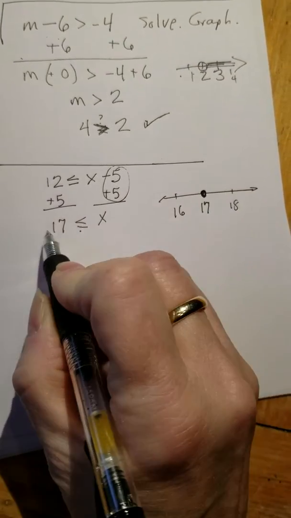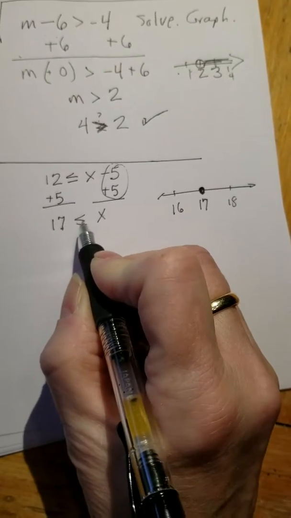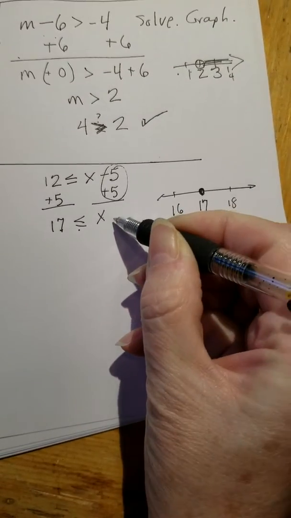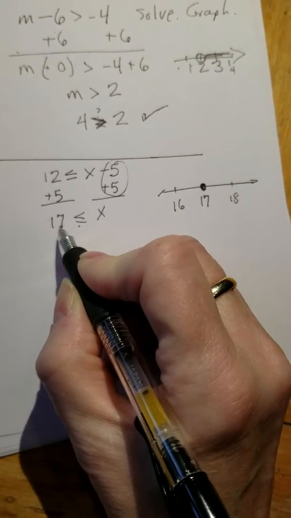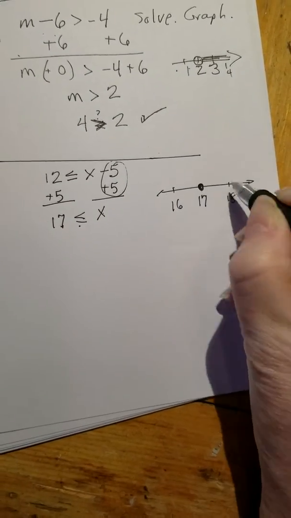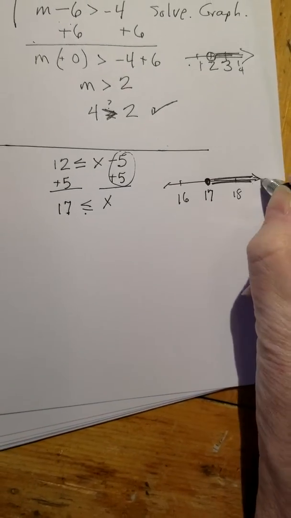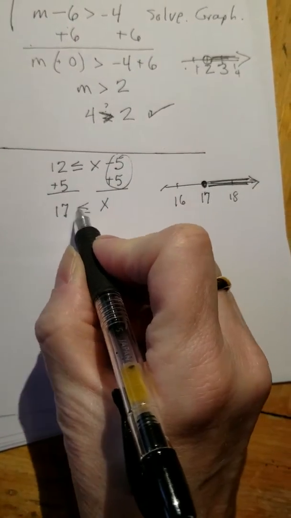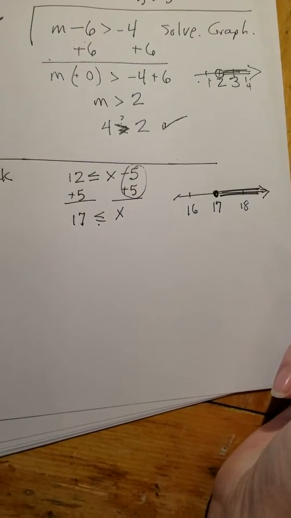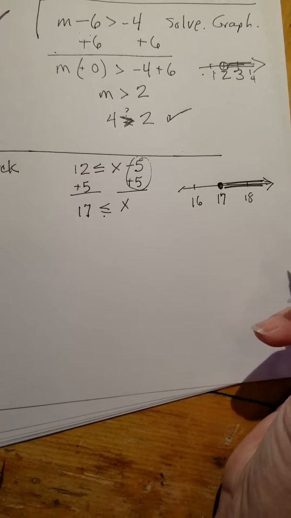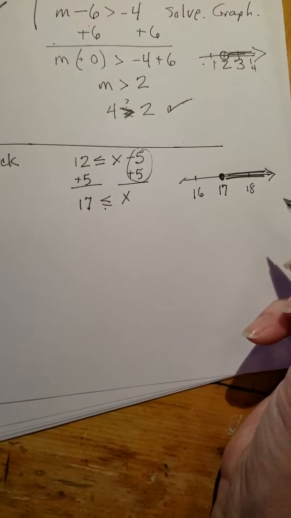X is greater than 17. 17 is less than x. So I'm going to read it this way to help my brain. X is greater than or equal to 17. Greater than this way, right? Even though it's a less than symbol, I'm reading it this direction, and it will still be accurate. So I'm going to substitute something in there.